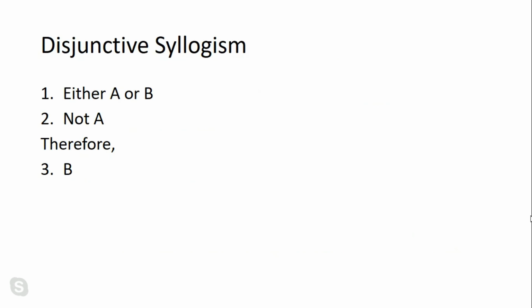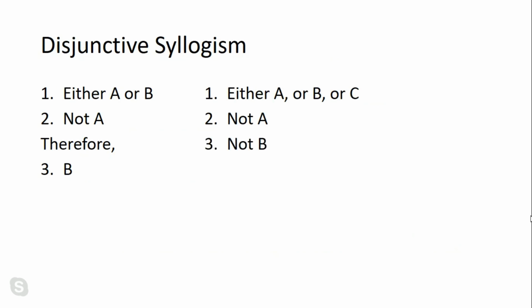Often, when we're interested in using this kind of reasoning, we have a slightly more complicated argument. Instead of an either-or, we have: either A or B or C. Not A, not B, therefore C. Whoops, got the line numbering wrong on that one.